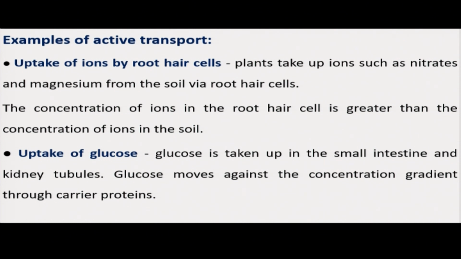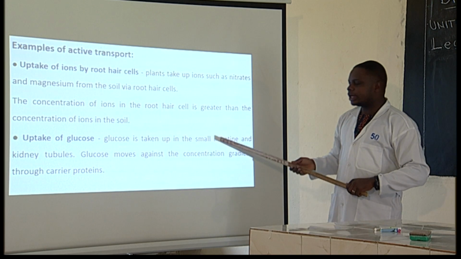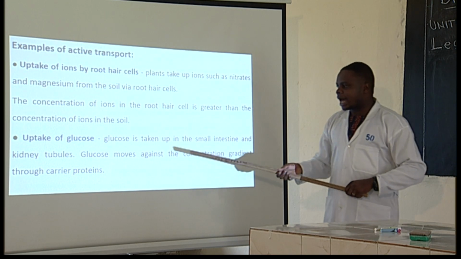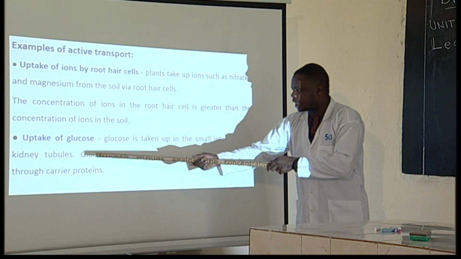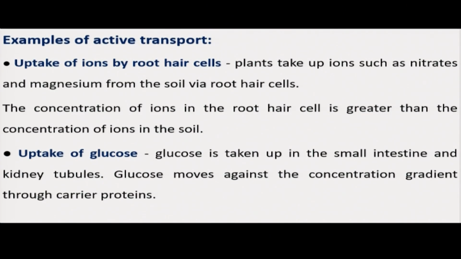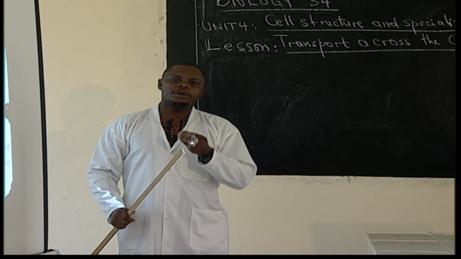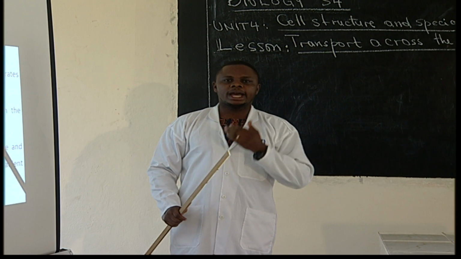Even the uptake of glucose in the small intestine is done by active transport. Even in the kidneys, glucose moves against the concentration gradient and it passes through what we call carrier proteins. So that means there is need for energy because particles are moving from where there are less to where there are many.